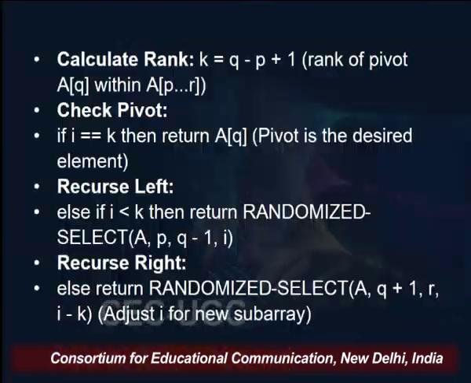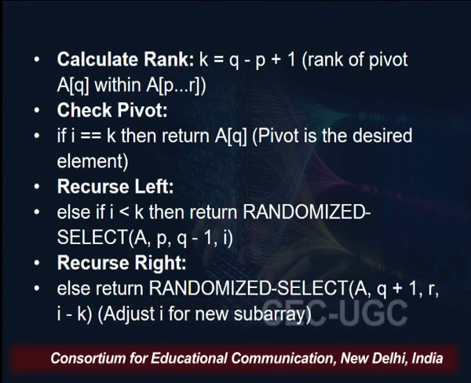Now, this is very important. We need to return randomized select with A, q plus 1, r and i minus k, not i. So, here you can see on the screen that if we need to recurse left, then the call to randomized select says A, p, q minus 1, i, which is starting from p to q minus 1, and the desired rank is i.